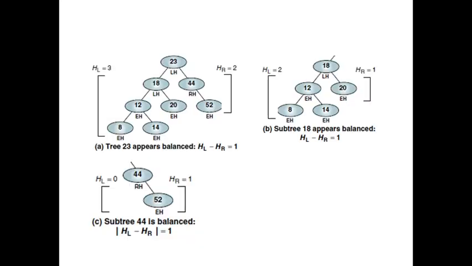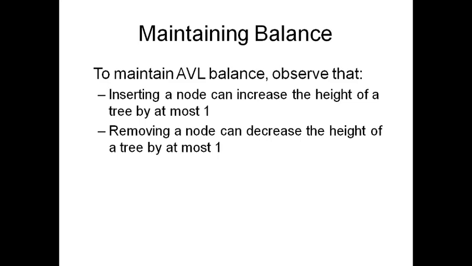These are various examples of balanced trees. So you can see that the balance factor at any node level is either 0, 1 or minus 1. Now the next aspect is, what if the tree is not balanced? How do we make it balanced? Especially whenever we try to add a new node into the AVL tree, it may become unbalanced due to the insertion.